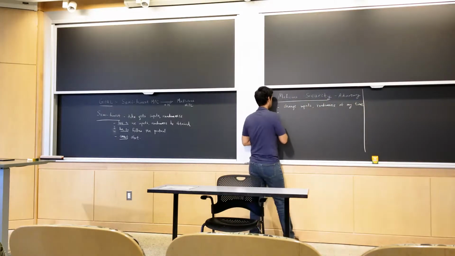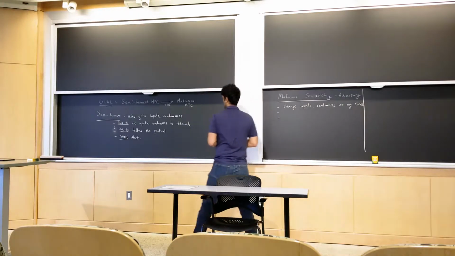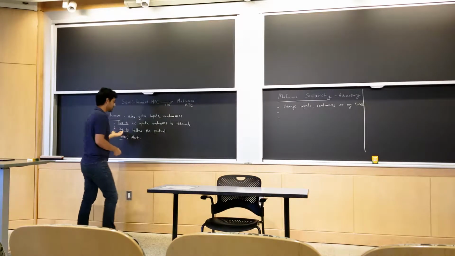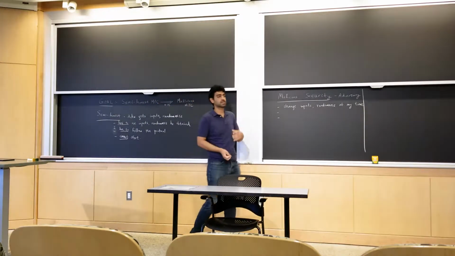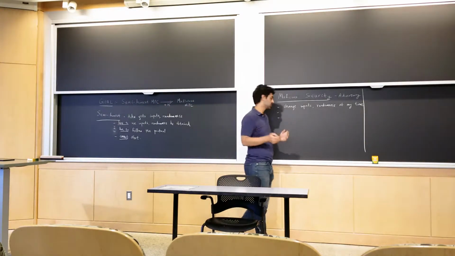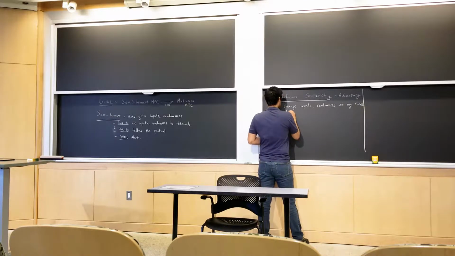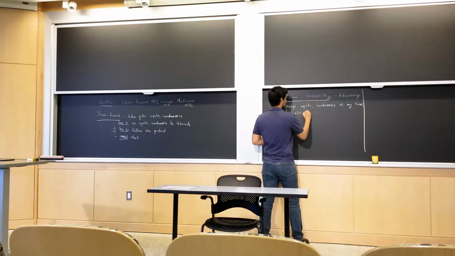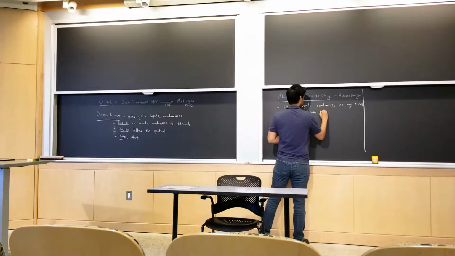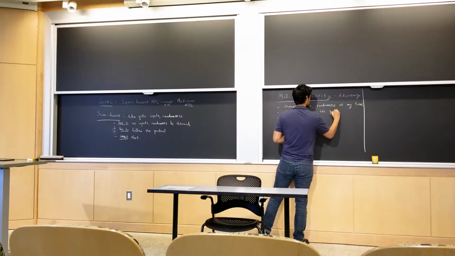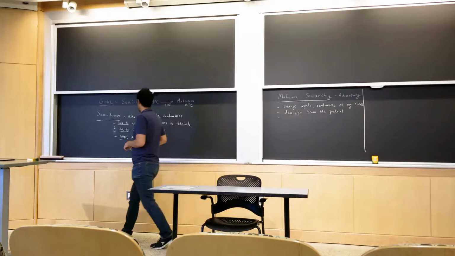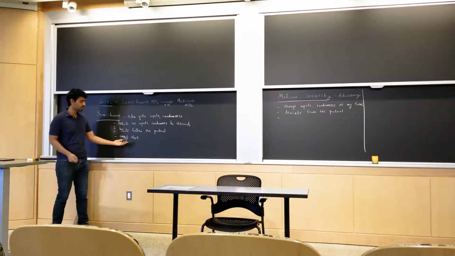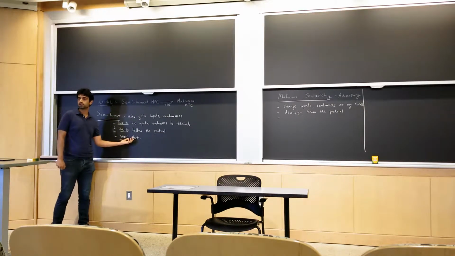In this case, an adversary need not use the same inputs and randomness he obtained from the environment. In fact, he could potentially change his inputs and randomness at any time as the protocol progresses. He could also not follow the instructions of the protocol. If the protocol says add these two elements, he can multiply these two elements. So he can essentially deviate from the protocol. And finally, he can abort at any point of time in the protocol.